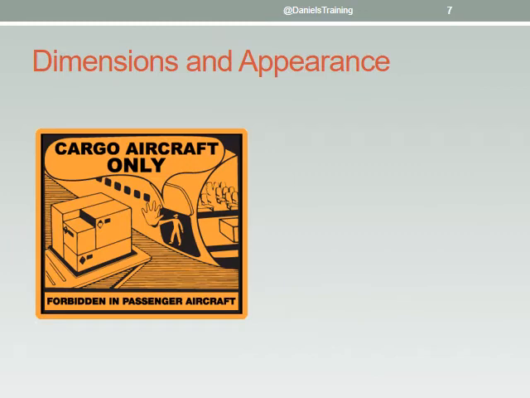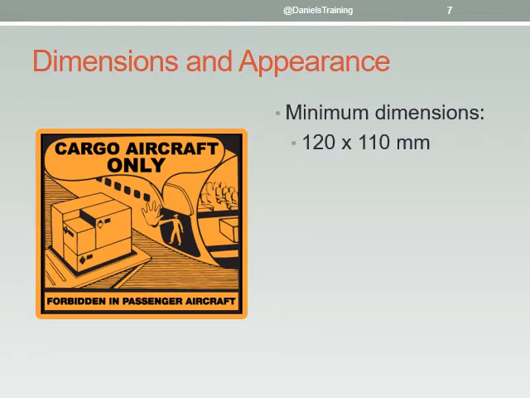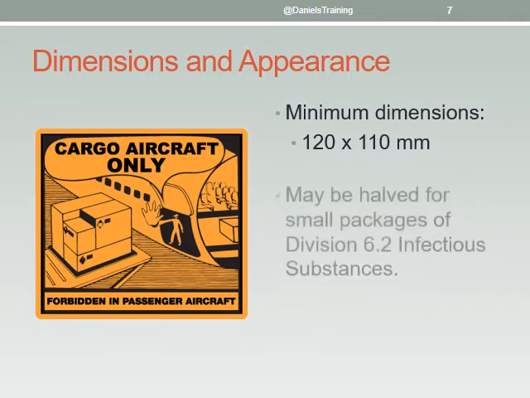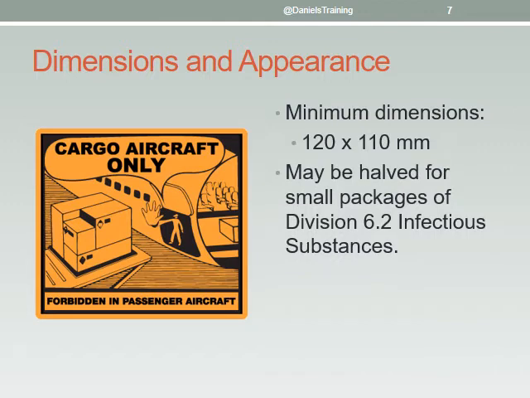The dimensions and appearance of the cargo aircraft only label. At a minimum, it must be 120 millimeters wide by 110 millimeters high. These dimensions may be halved, but only for small packages of Division 6.2 infectious substances.